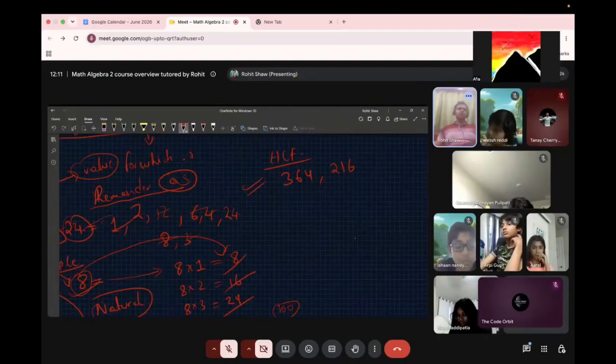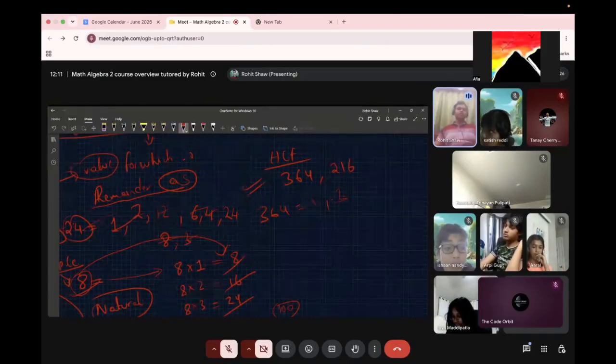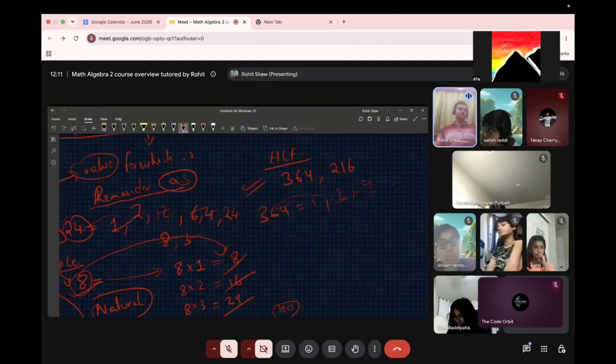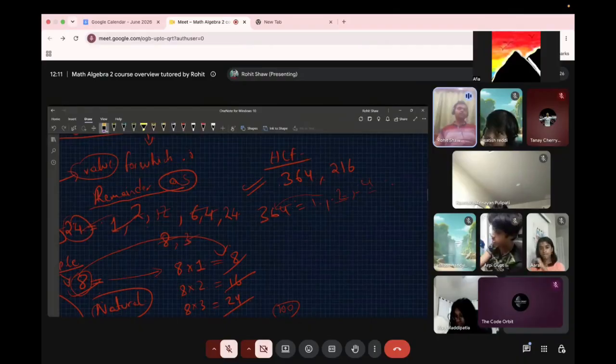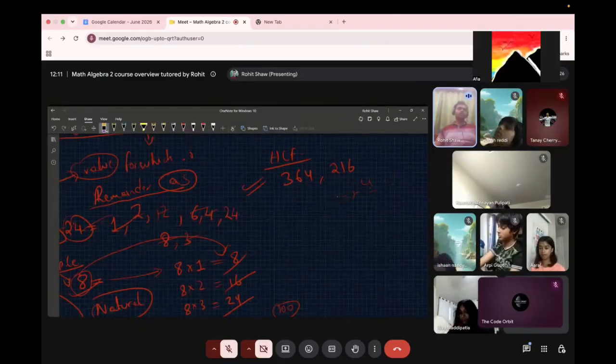How are you going to do it? All you will do is write the factors every time, and divide by each number to see when the remainder comes 0. So there is a method. Till now we have been finding the HCF for smaller numbers. For bigger numbers the challenge is big.